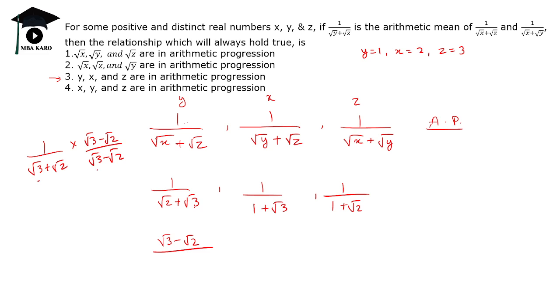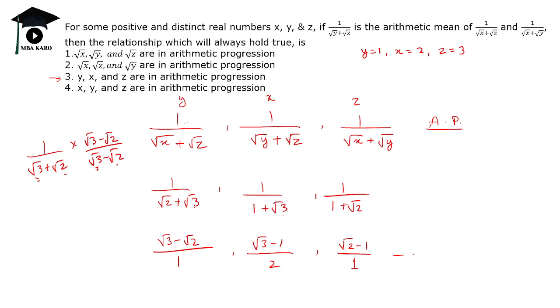Root 3 whole square is 3, 3 minus 2 is 1, and this becomes root 3 minus root 2 by 1. For the next one, write the conjugate, root 3 minus 1, and upon it, 3 minus 1 is 2. And this number is root 2 minus 1.